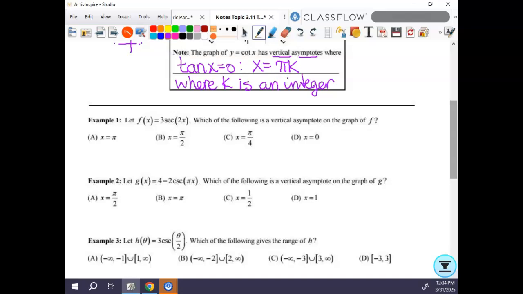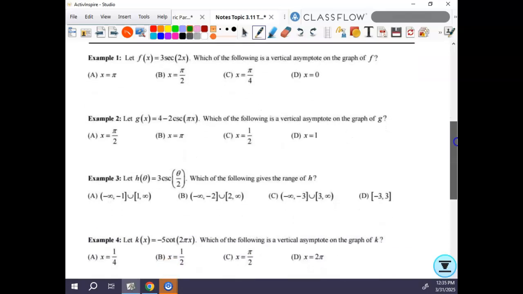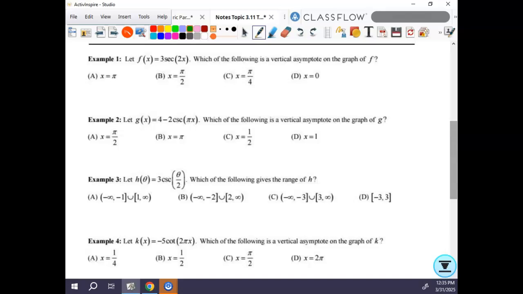Okay. So let's work some of these and look at how we are going to use sine, cosine, and tangent to help us figure all this out. We have this equation, and it's not asking us to solve it. It says, which of the following is a vertical asymptote of this graph? That is a secant function. Secant is the reciprocal of what? Cosine.